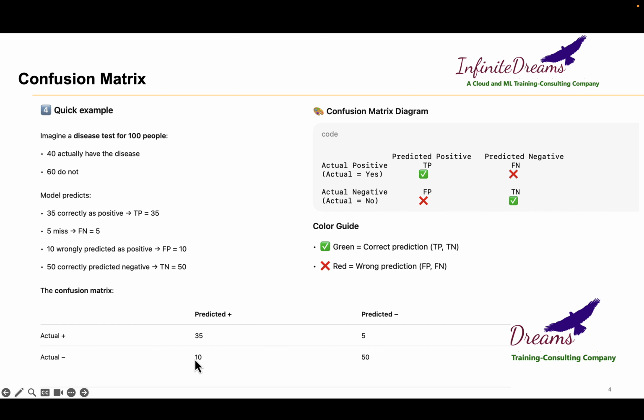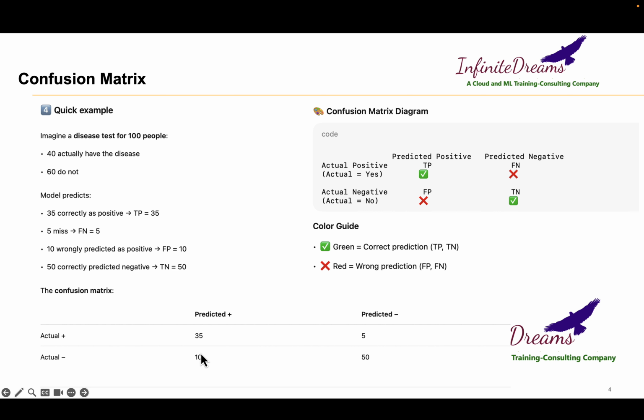Now let's come to the prediction. 35 people are correctly predicted as positive, meaning actual data positive and predicted positive, 35. 5 people it missed, meaning it did not predict properly, you put it over here. Similarly, 50 correctly predicted negative, this is true negative, you put it here. And the remaining, because it has to be 60, will become 10.